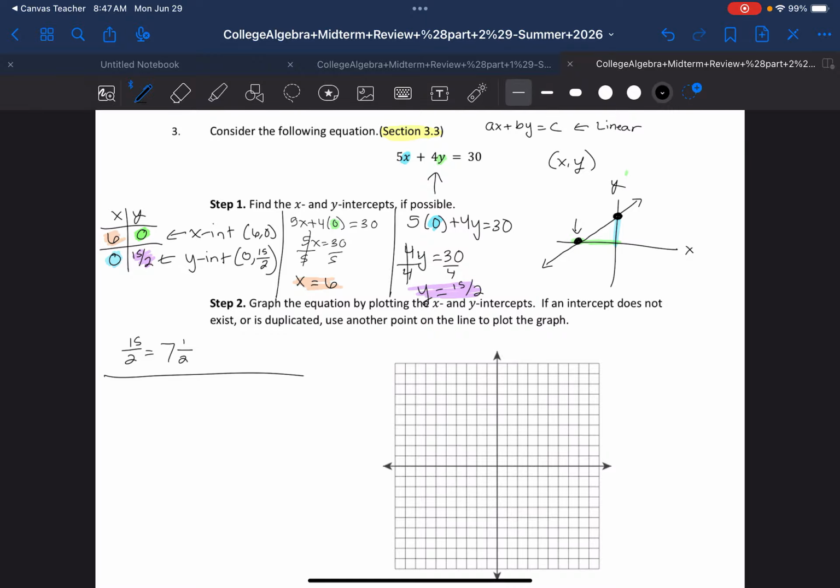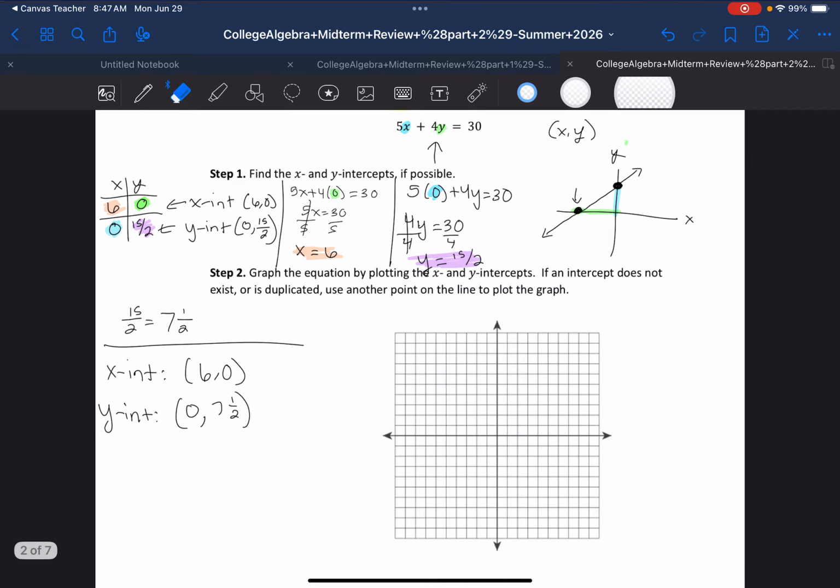It says step 2, graph the equation by plotting the x and the y intercepts. So again, the x-intercept we just found is (6, 0), and the y-intercept is (0, 7 1/2), or 7.5.